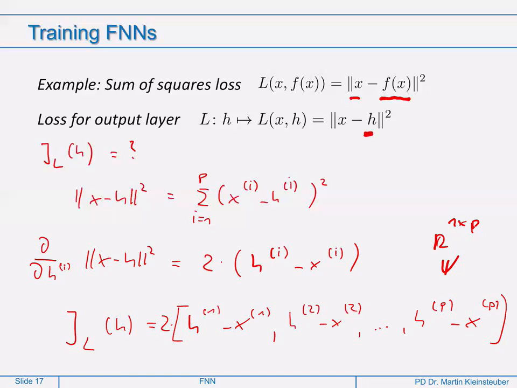Well, yes, it depends. So the question, x minus f of x or y minus f of x, it depends. If we look at an autoencoder, for example, you want to fit the output of your net f of x to the input, and you want to see how good a function f you can find that approaches your input. Remember, if you want to go for regression or something else, this x would be a y.